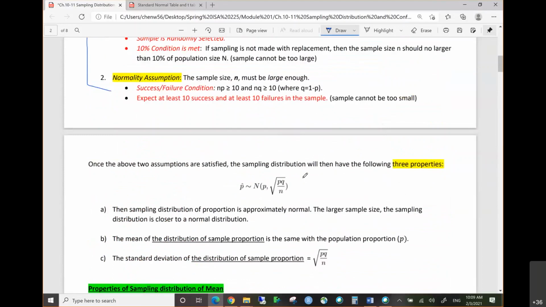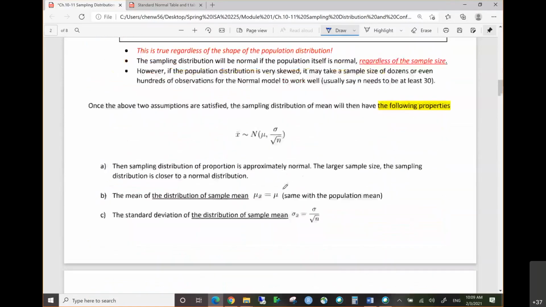We just say, once we have this sampling distribution, what we can do. But actually, the goal of the sampling distribution is to find the relationship between the sample and the population. Based on this sampling distribution, we get the relationship between the sample mean and population mean, and between the sample proportion and the population proportion.